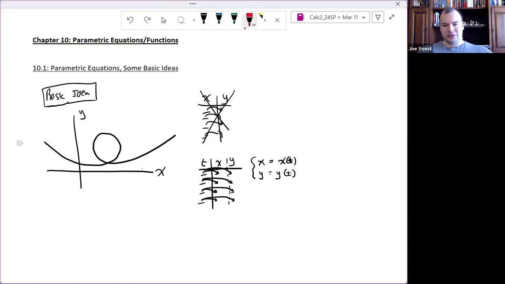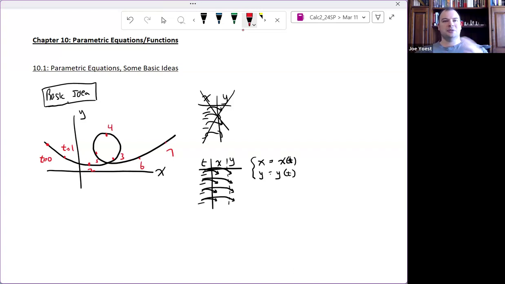So I might come over here and say, at time 0, the ball or the bit or whatever was at this XY point. Maybe X equals -3, Y equals 4. At time 1, the bit was at this point. At time 2, 3, 4, 5, and so on.